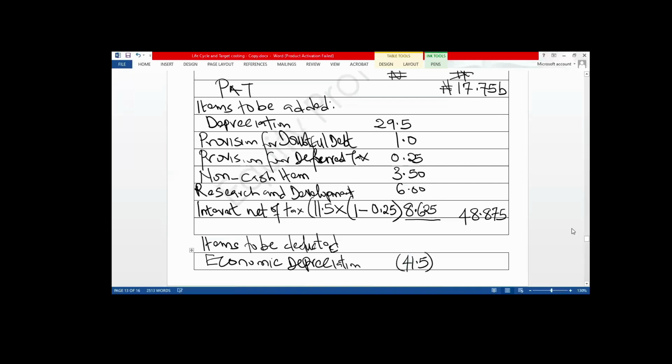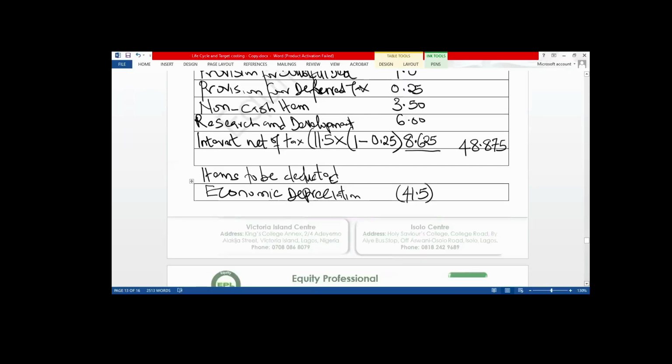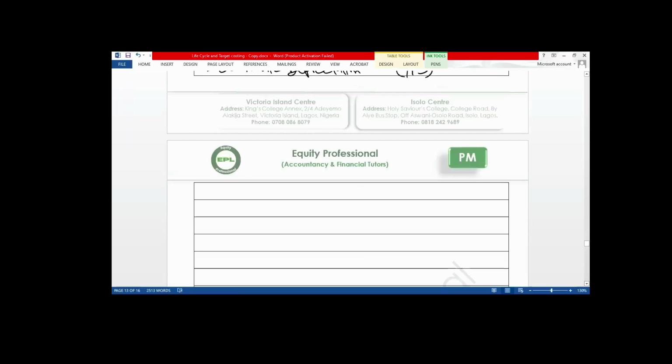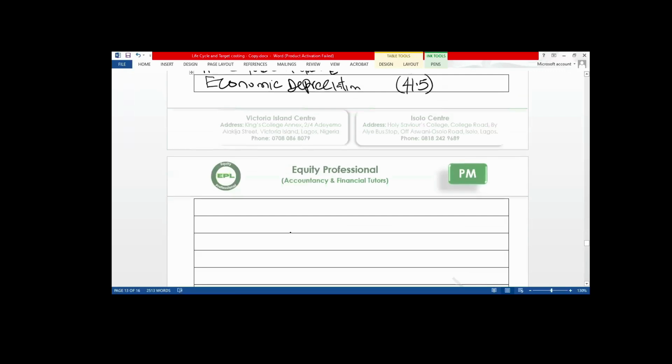Then development cost not capitalized. It relates to a project that will be for 5 years. Look at note number 4 or 5. So research and development is not even capitalized in the account.